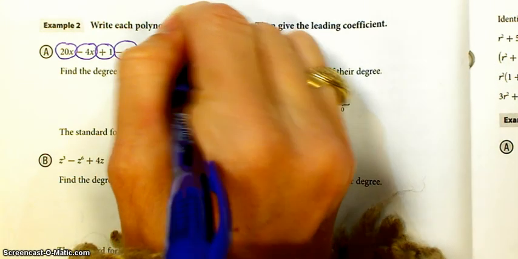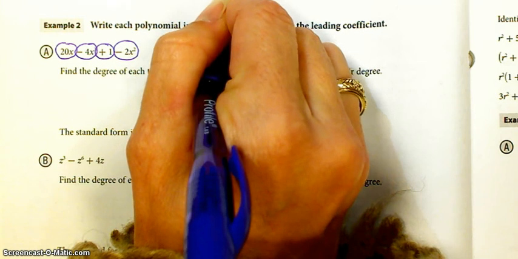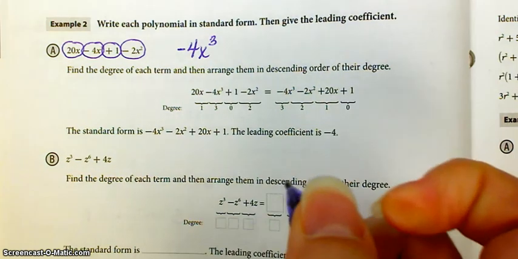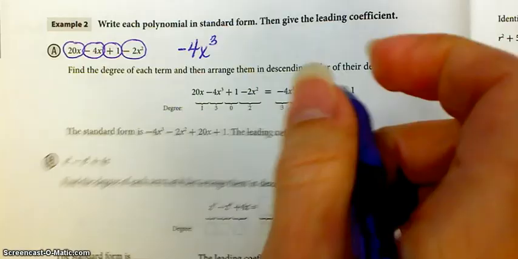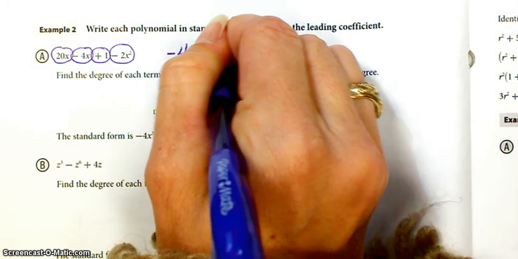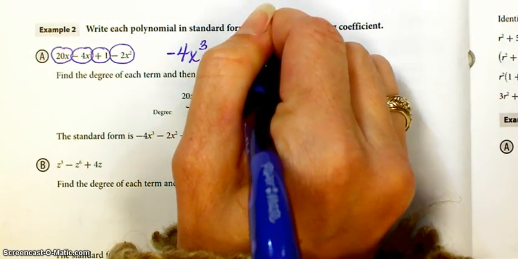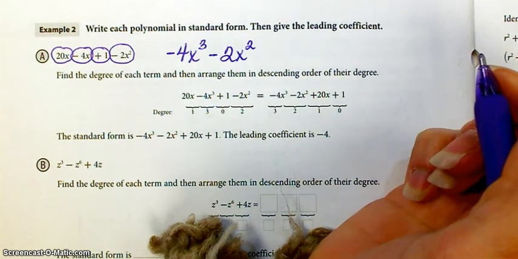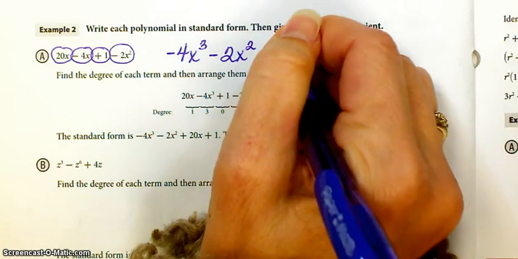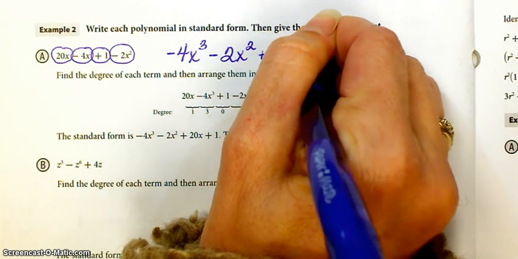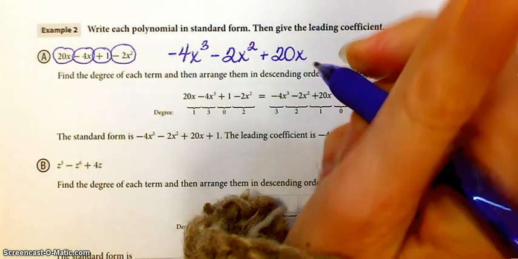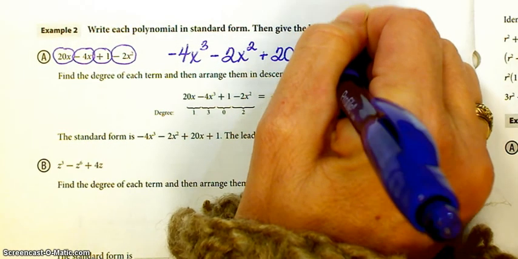So negative 4x to the third is the highest degree term I've got, followed by negative 2x squared, followed by positive 20x, and last is a plus 1.